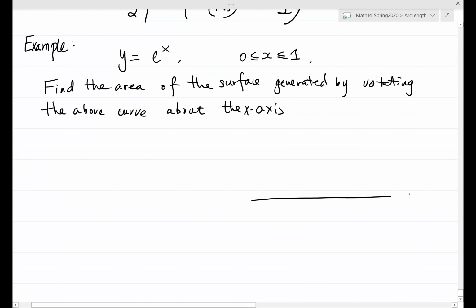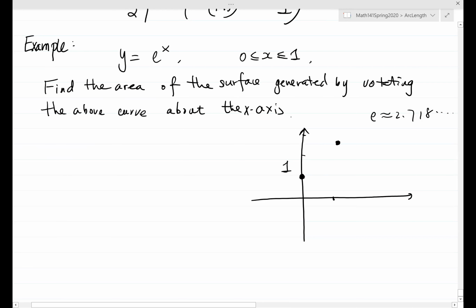Now, y is e to the x. When x is 0, y is 1. When x is 1, y is e. Remember, e is 2.718, etc., so it's around 2.7.